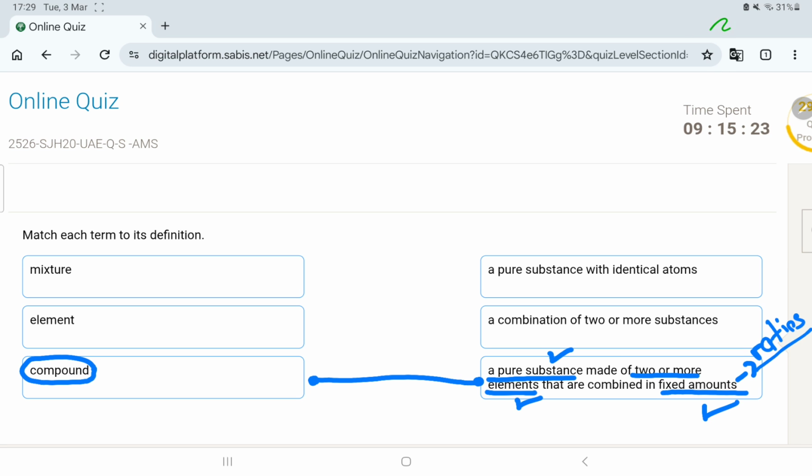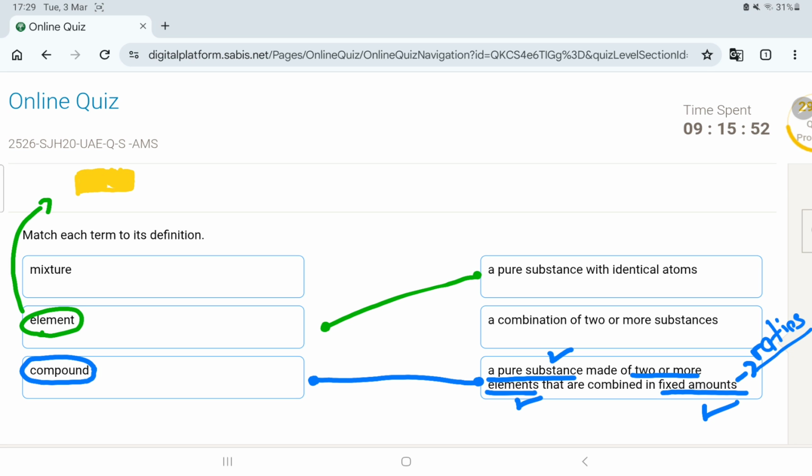Now, an element. What's an element? It's a pure substance with identical atoms. Okay? Because let's say I have an example. Let's say a bar of gold. Okay. This is a bar of gold. Okay?